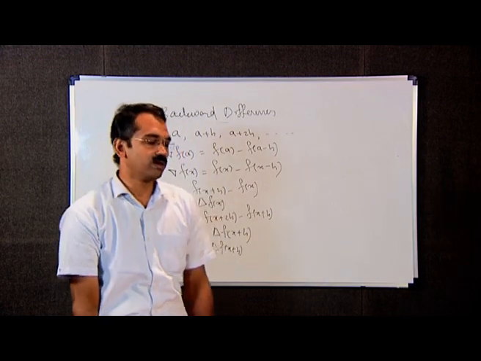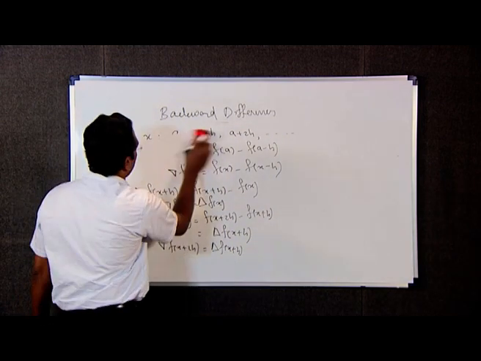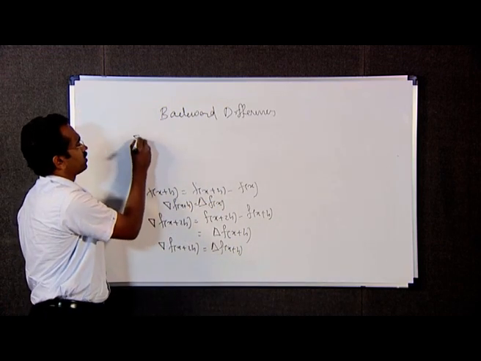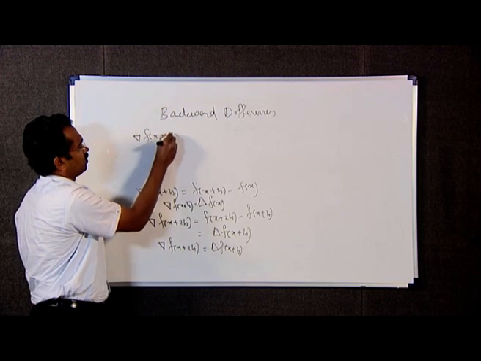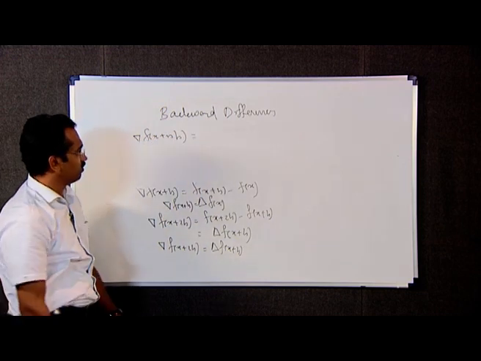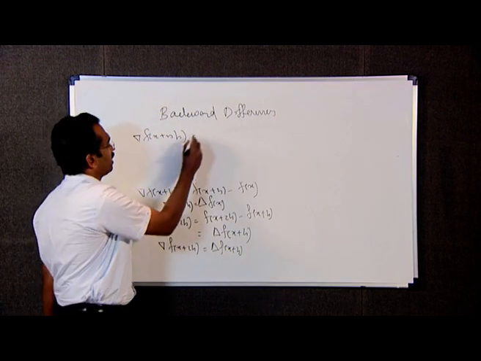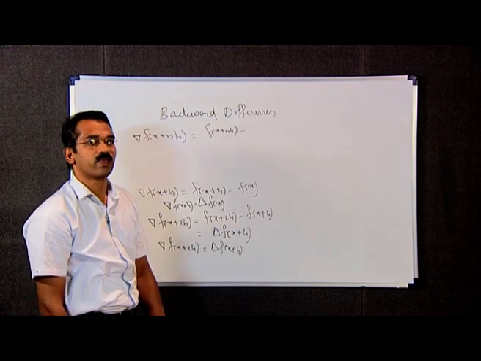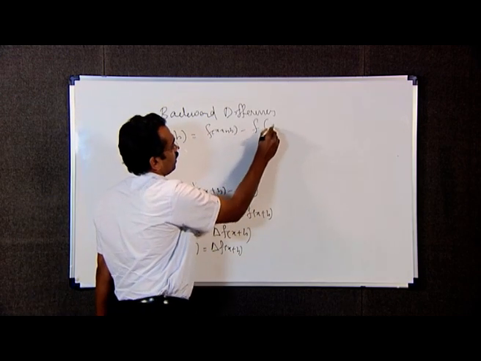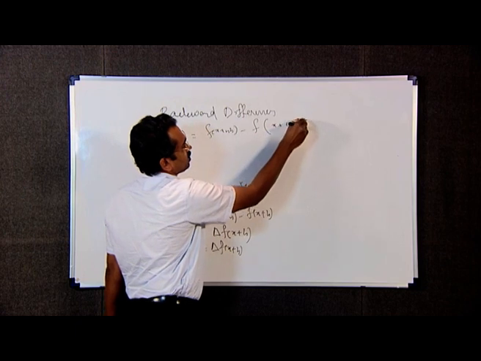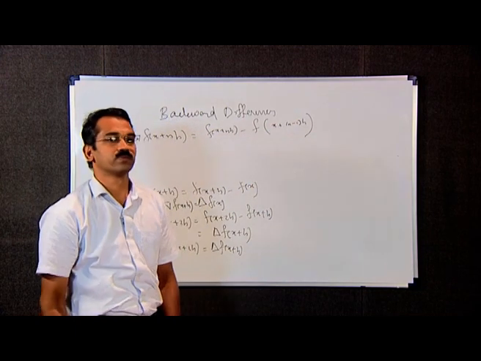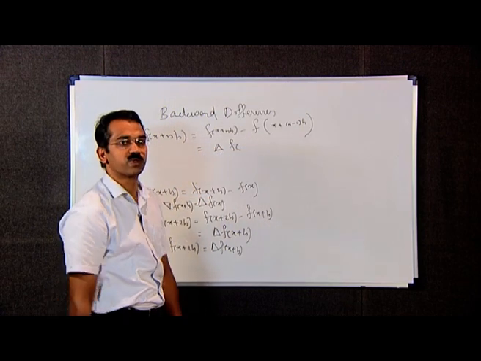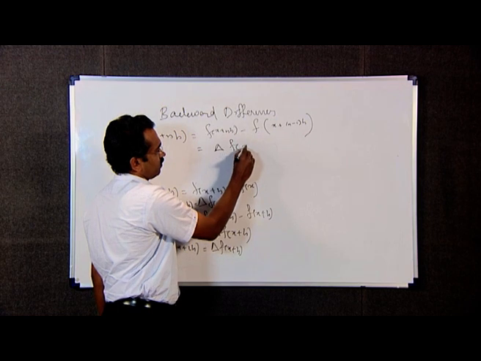In general, we can write del f of x plus nh. By definition, we have f of x plus nh minus f of x plus n minus 1 h. This is equal to delta f of x plus n minus 1 h.